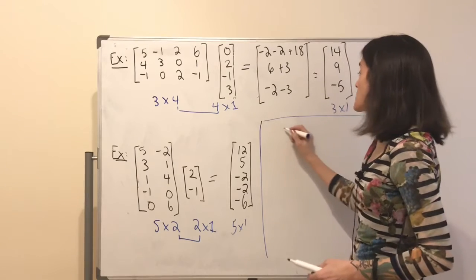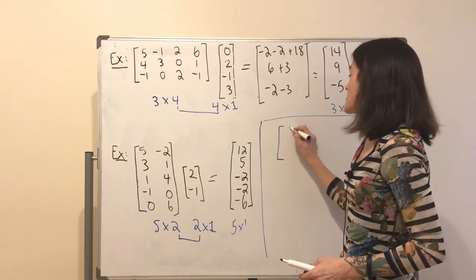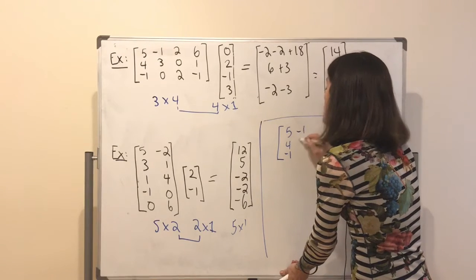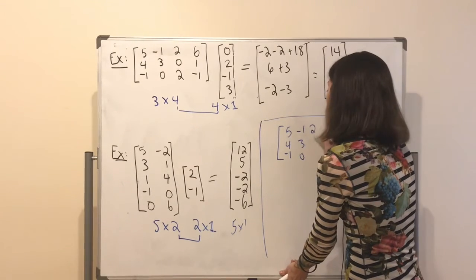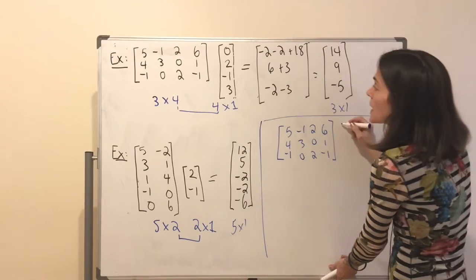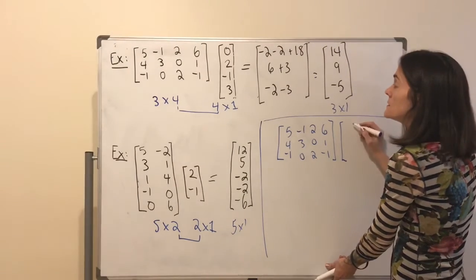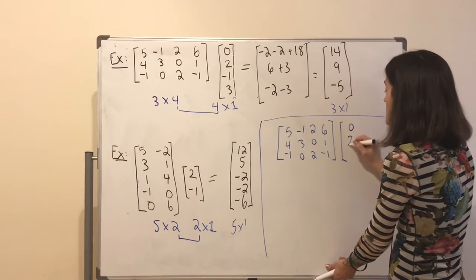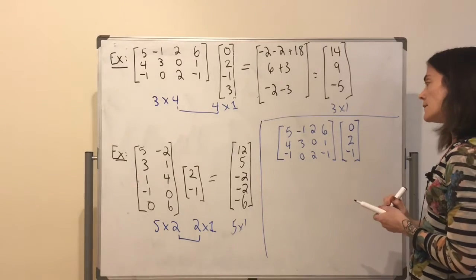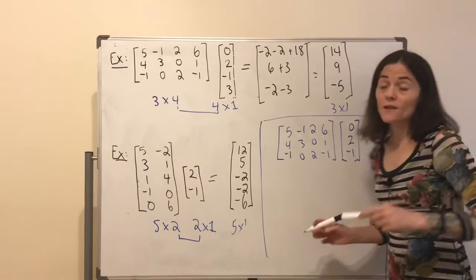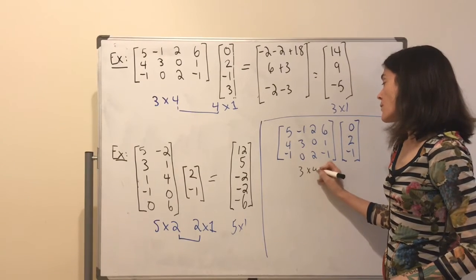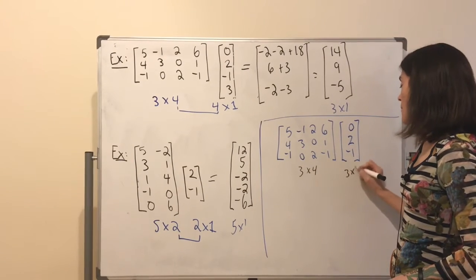If I tried to multiply this vector, minus 1, 3, 0, 2, 0, 2, 6, 1, minus 1, by, say, just this, 0, 2, minus 1. First of all, if we tried to check, this is 3 rows, 4 columns. This is 3 by 1.